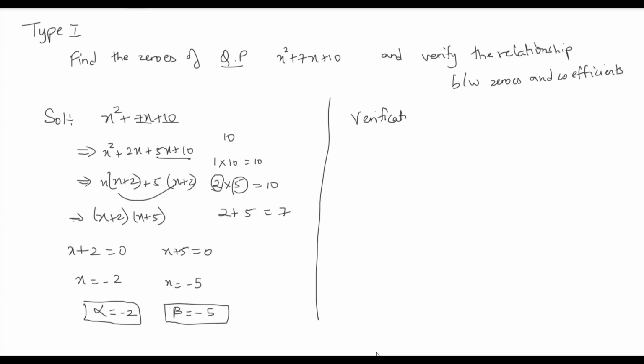Verification. By using the sum of the zeros relationship, alpha plus beta is equal to minus b by a, where alpha is minus 2 plus beta is minus 5. And coming to b, here the quadratic polynomial is in the form of ax square plus bx plus c.